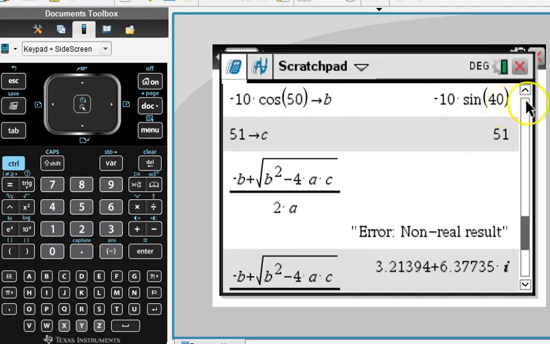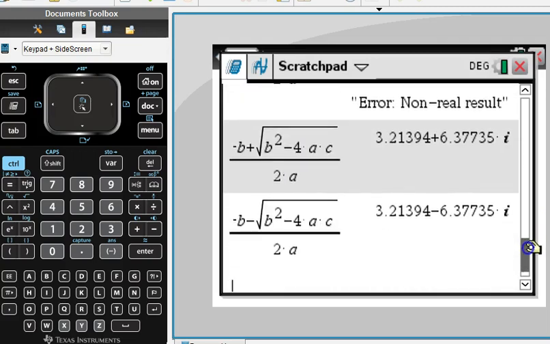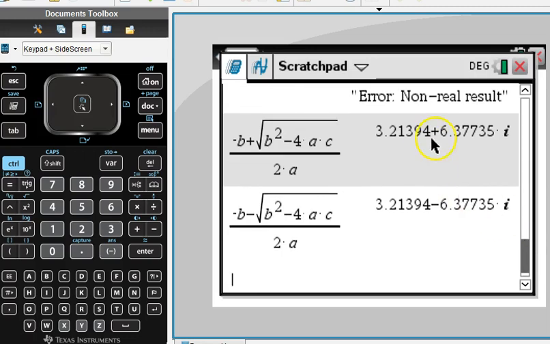But anyway, everything's stored correctly. When I did both the positive and the negative version of the quadratic formula, I got an error, non-real result. Now, depending on how your calculator is set up, if it's set up to do imaginary number computations, we haven't done that yet as a class, but yours might have been in that setup, you also could have gotten this as your answers.